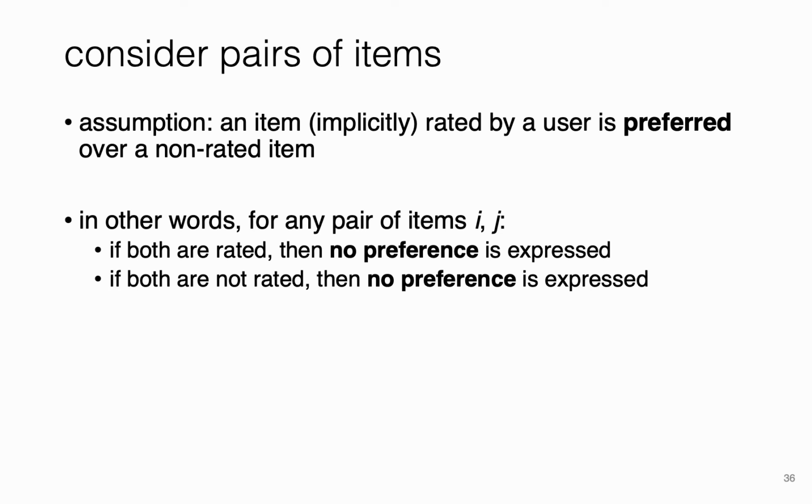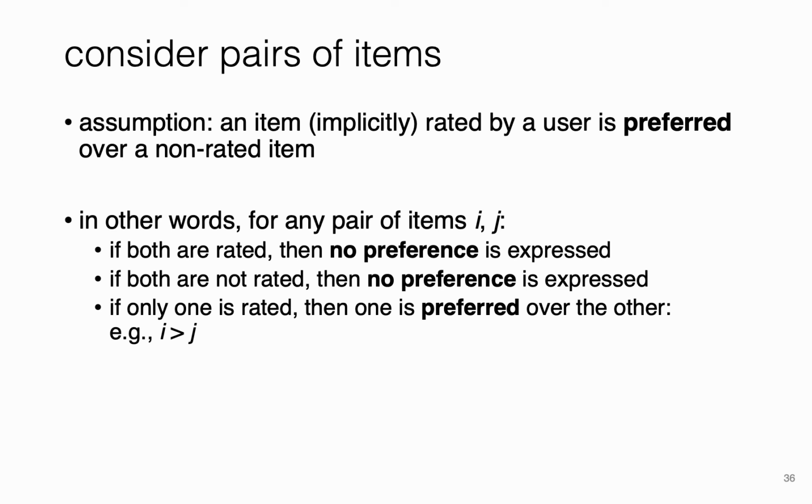We still cannot tell which item among the two the user prefers. However, if only one item is rated, say I, then based on our assumption, we claim that I is preferred over J.